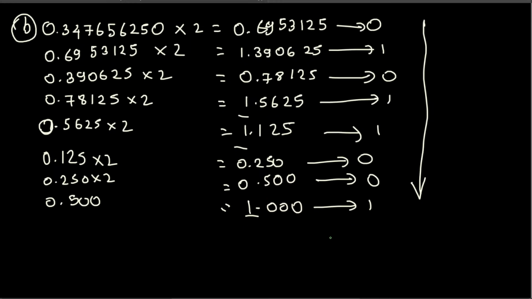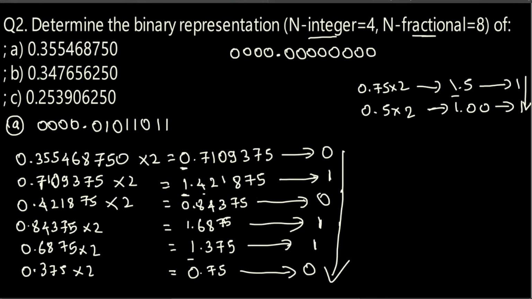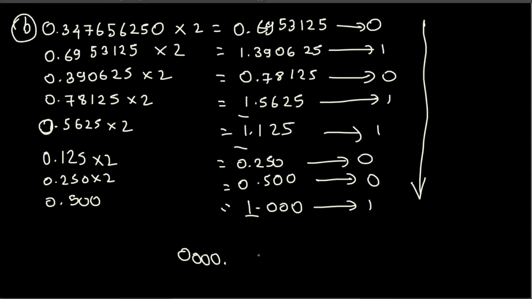For example, the answer for this one is 0 0 0 0, because the integer part doesn't have anything, so we can just fill up with 0. Then the fractional part is 0 1 0 1 1 0 0 1. Now we already have 8 bits, but let's say you end up with only 7 bits and at the end you have 1 or 0 or something like that.